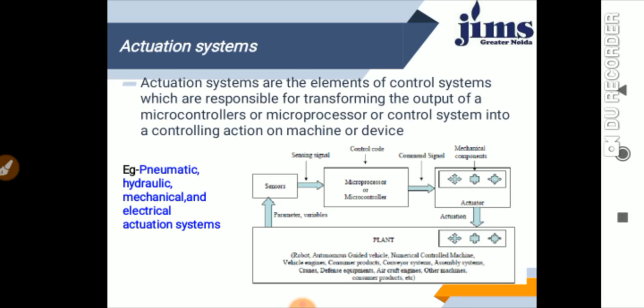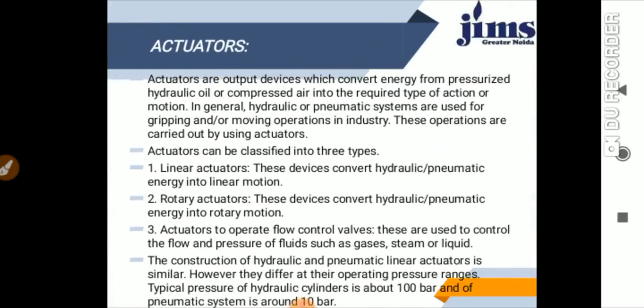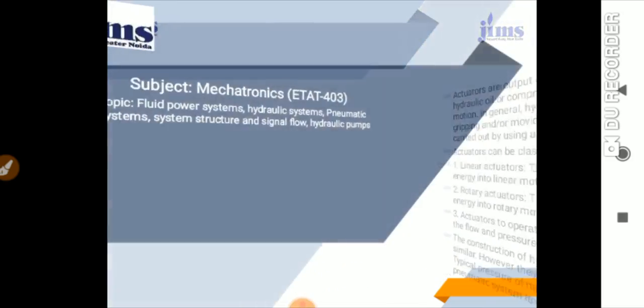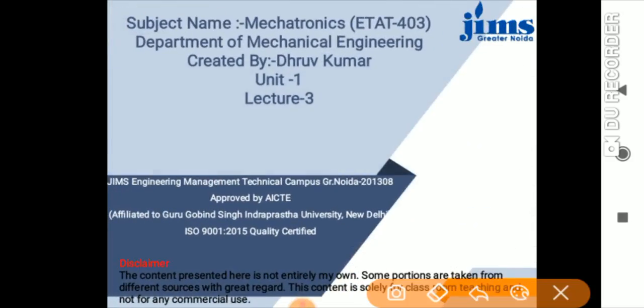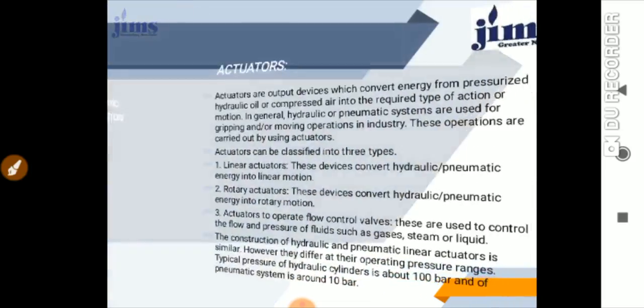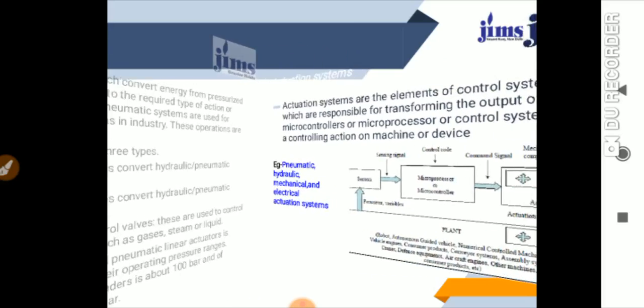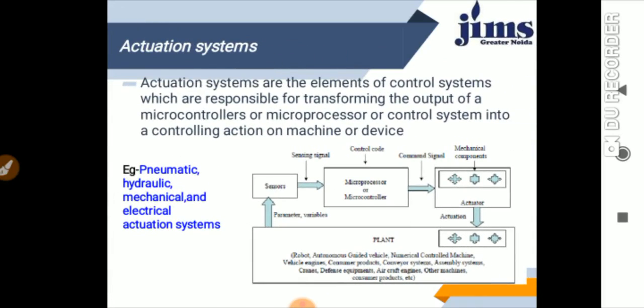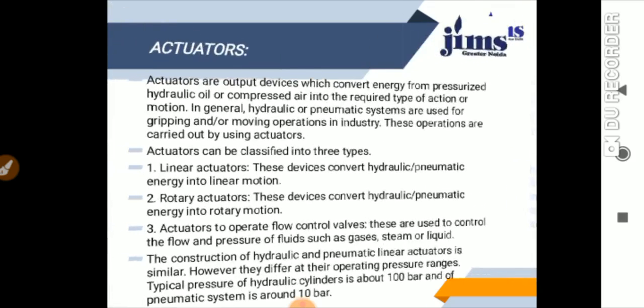Cranes, defense equipment, aircraft engines, and other machines and consumer products are going to be manufactured in the plant. So see this diagram. The whole plant contains this, and the plant has parameters.